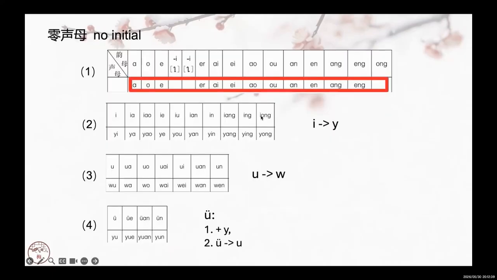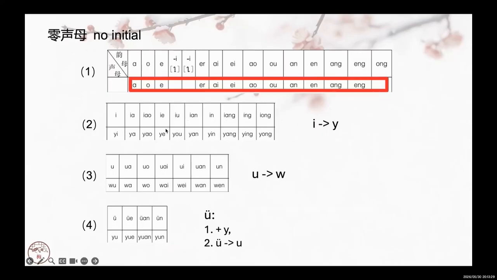So when they themselves serve as a single syllable, to make it more beautiful, or as a conventional rule, we usually change I to the letter Y. We change it to Y and we keep the rest of the vowels as they are that come after the initial of Y, because the vowels can only belong to the final part, right?